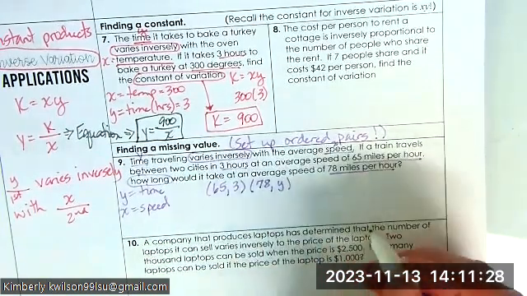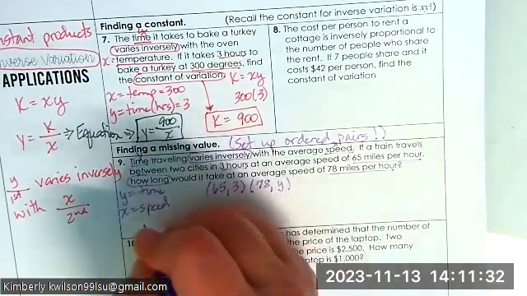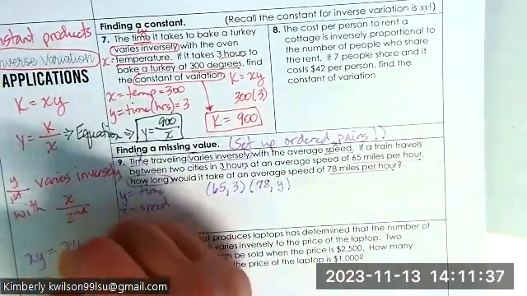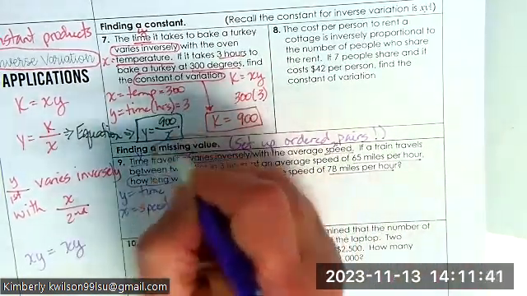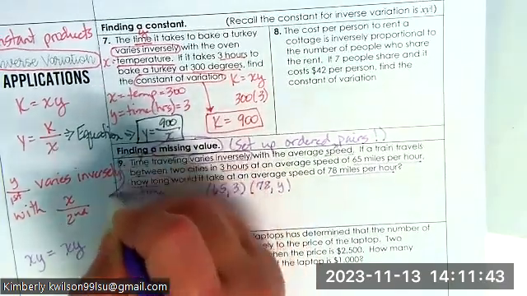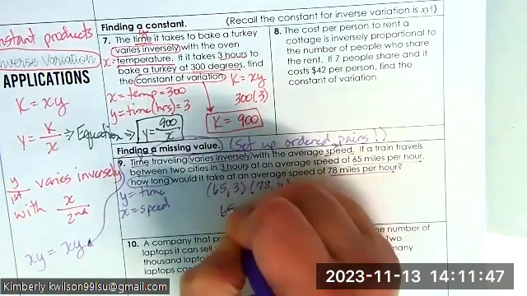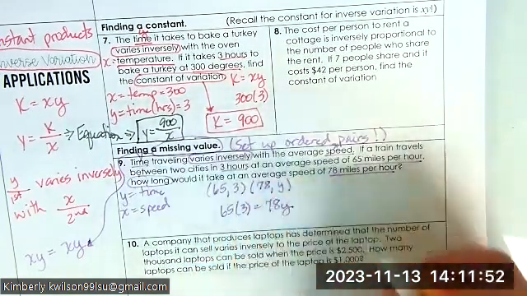Now, remember, this is constant products. So to figure this out, we're doing xy equals xy when we're finding a missing value. So I'm going to set up 65 times 3 equals 78y.